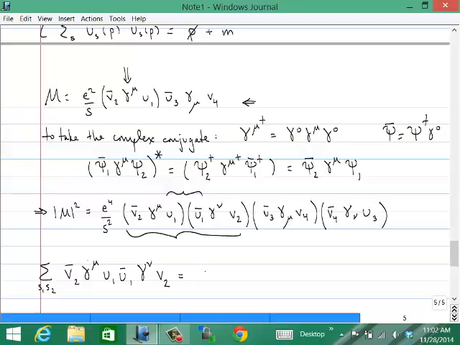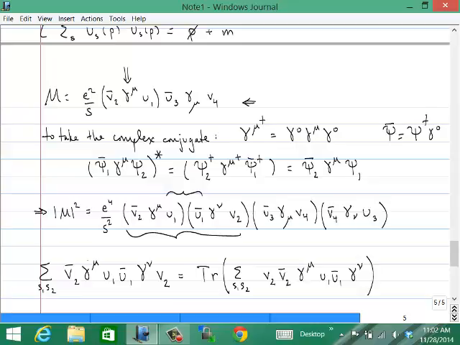But I could also write that as a trace over a spinor index of a 4x4 matrix, which is the sum over S1 and S2 of V2, V2 bar, gamma mu, U1, U1 bar, gamma nu. If that's not obvious, just think for a bit about exactly what a trace means.